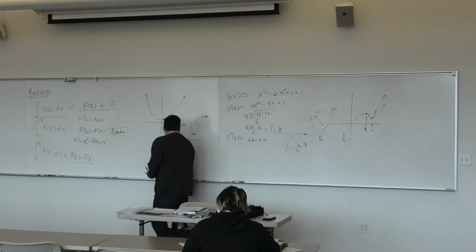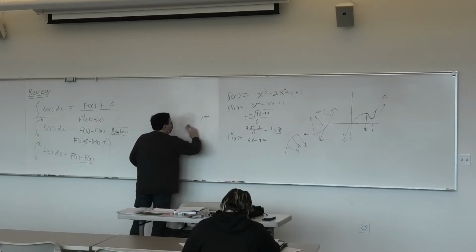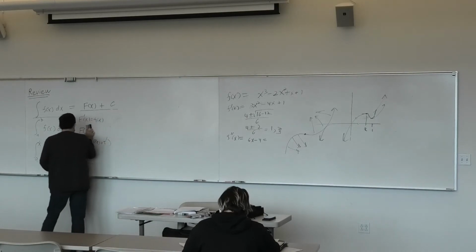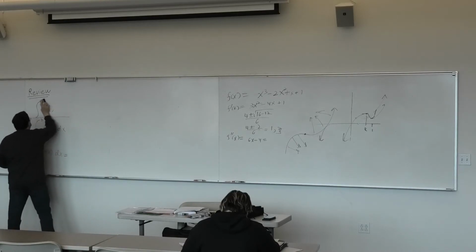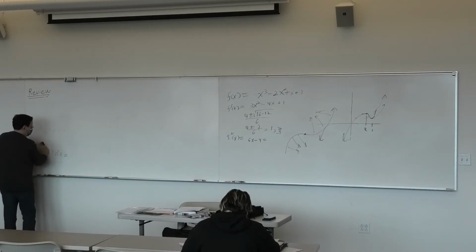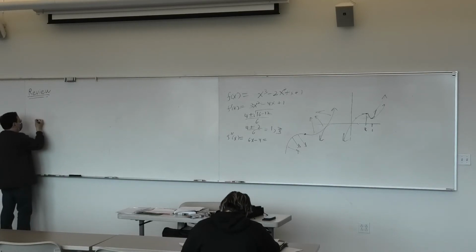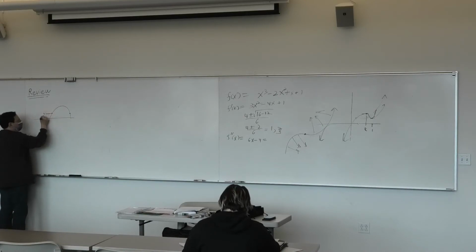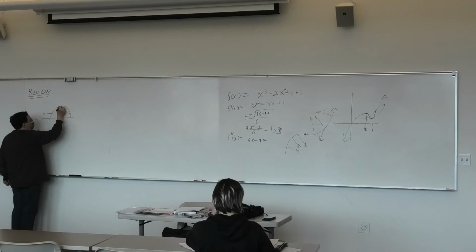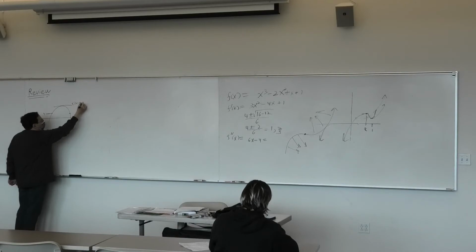I'll mention in passing, we looked at two theorems. We looked at Rolle's theorem and the mean value theorem. Rolle's theorem says you have some continuous function where there are 2 points that have the same y value, and therefore there's some third point where the derivative has to be 0.